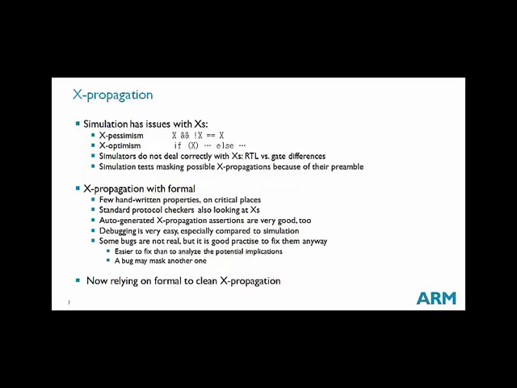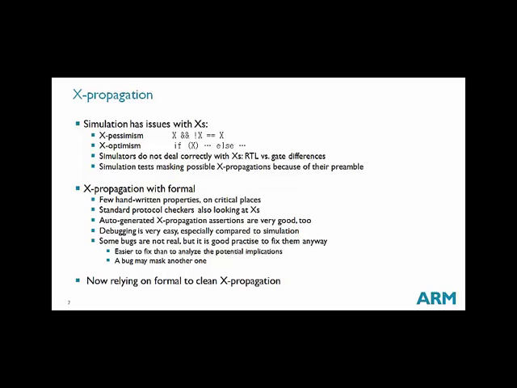We can do it by writing some handwritten properties exactly like the embedded properties. Designers do that when they identify a signal which must never be at X. They can just write properties that will check that.